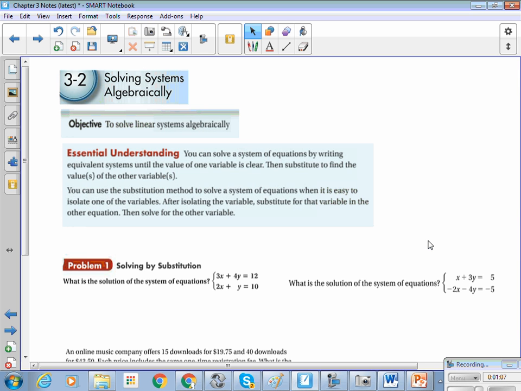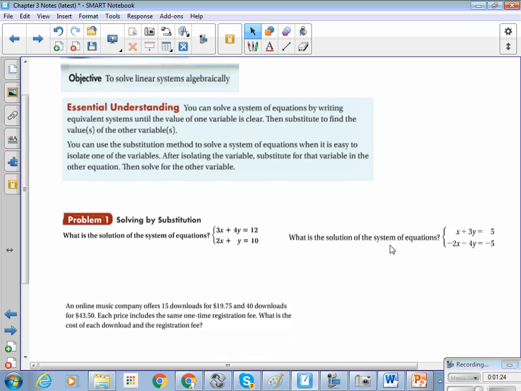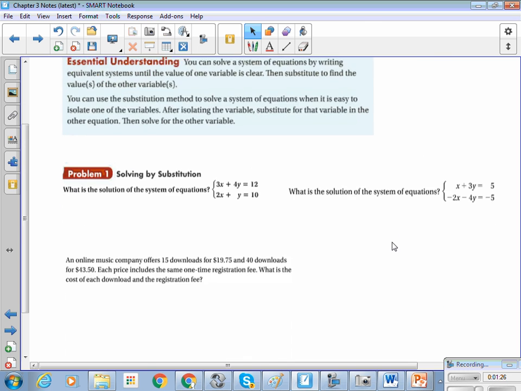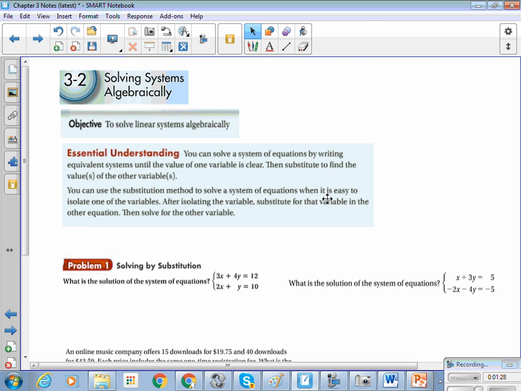After isolating the variable, substitute for that variable in the other equation, then solve for the other variable. So we're going to use substitution when it's easy to use substitution, and we're going to employ other methods when it's easier to do that. But you guys don't have to write down the essential understanding.